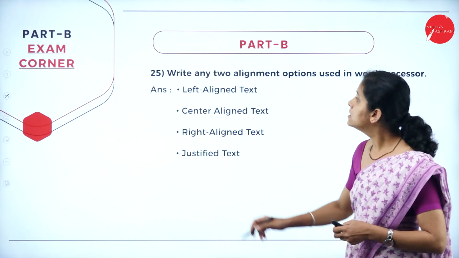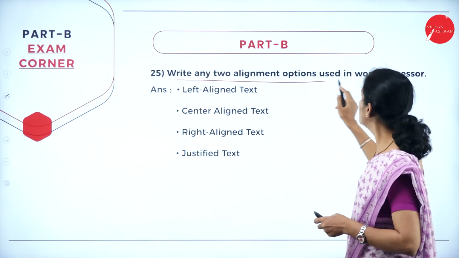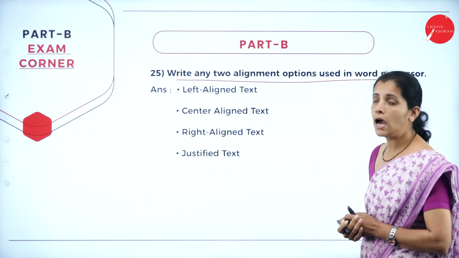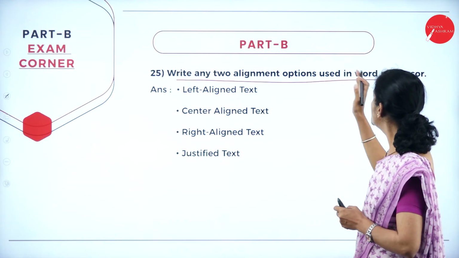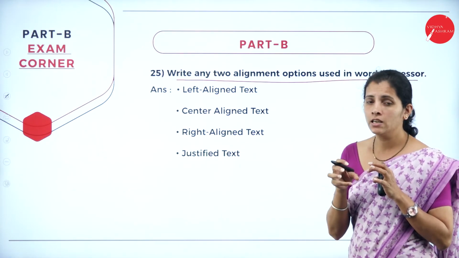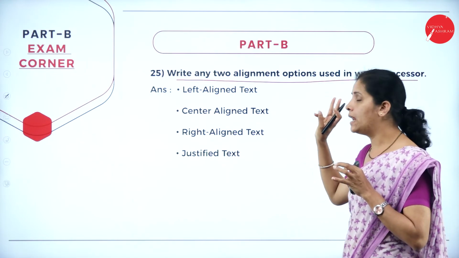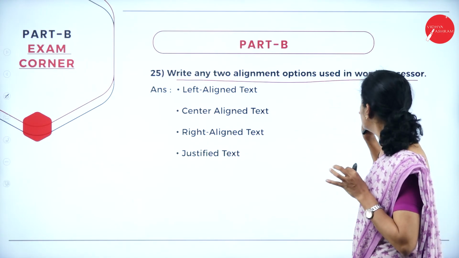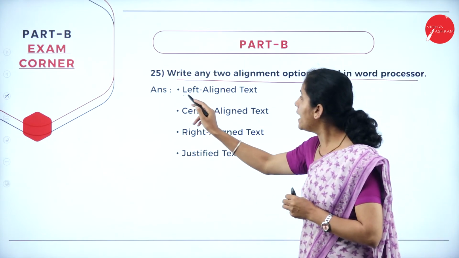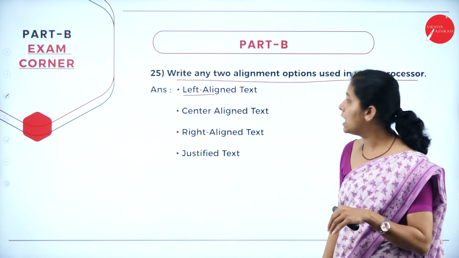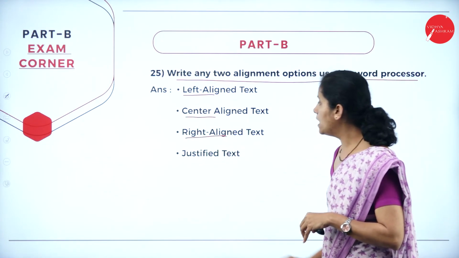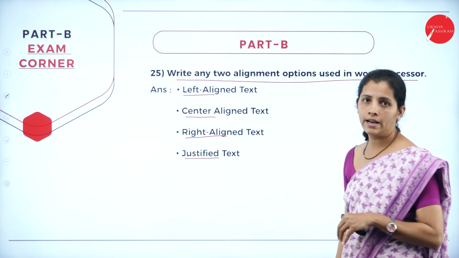Moving further, the last question under part B is: write any 2 alignment options used in a word processor. That means I want to list any 2 alignment options which are supported by a word processor. That is left align, center align, right align and justified.